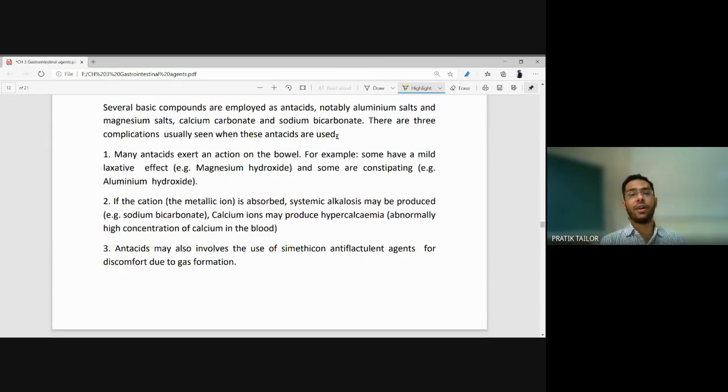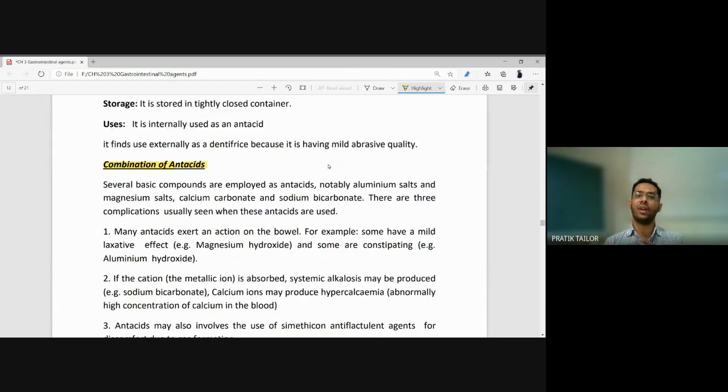Calcium carbonate neutralizes the HCl and CO2 is released. In many cases, gas may be released. So you can add something like simethicone, an antiflatulent agent, which is used if the antacid is causing discomfort due to gas formation. So this goes in the mixture, and this is why we have combinations of antacids.